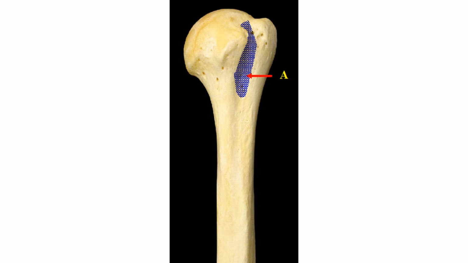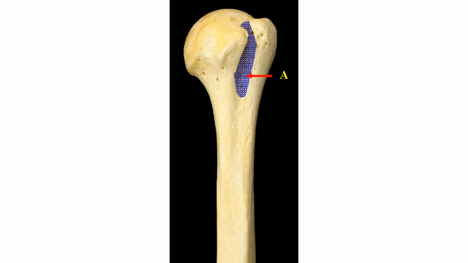We are still in the upper end of the humerus, and the colored area is not the greater tubercle or the lesser tubercle. It is between them. Therefore, it can hold the name intertubercular. But intertubercular what?